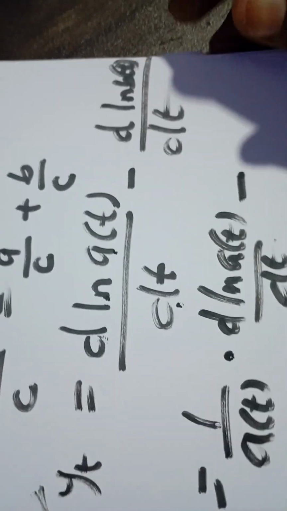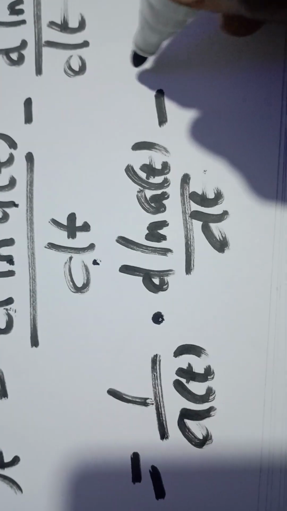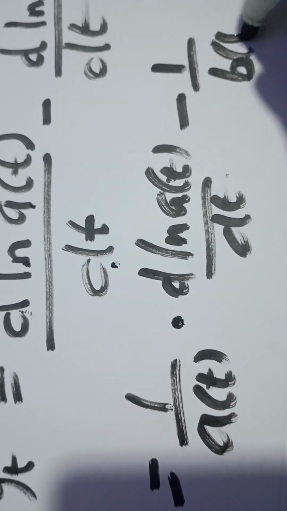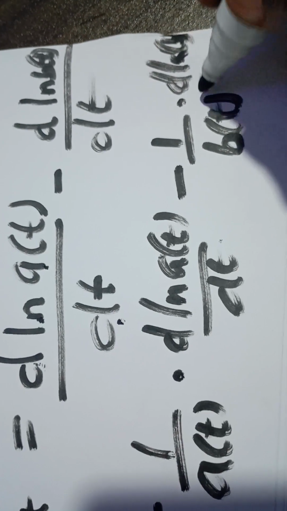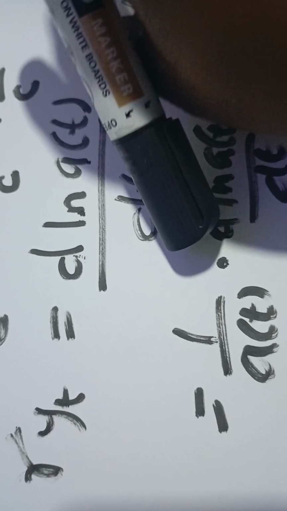And the same thing will happen here. Here the variable is b, so it will be 1 over b at time t times the derivative of b with respect to time t. So this is where we are.